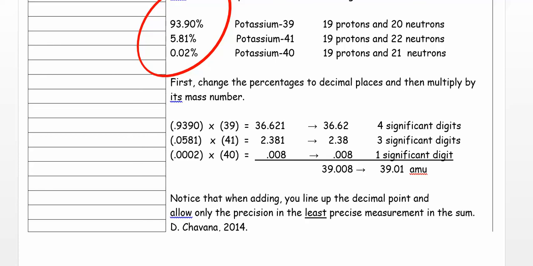I'll round that to 36.62. That has 4 significant digits. The 2.381, 2.38, 3 significant digits, and the 0.008 remains 0.008 with 1 significant digit. When I add those up, I get this number, 39.01 AMU. So that's the average atomic mass then for potassium.